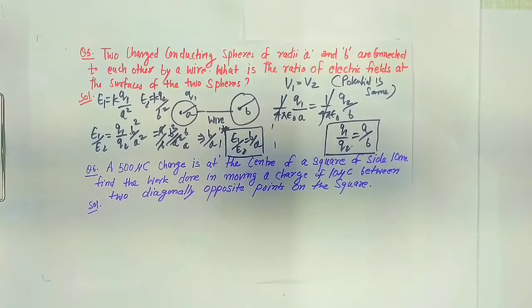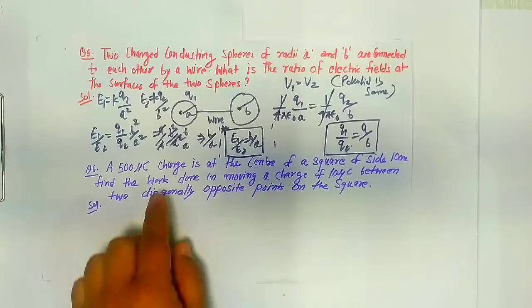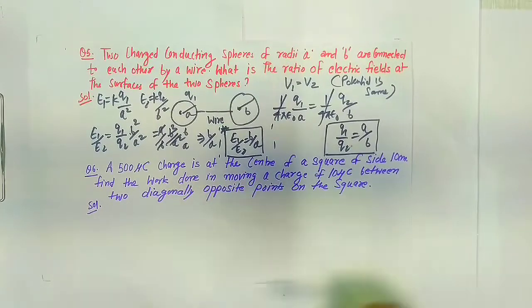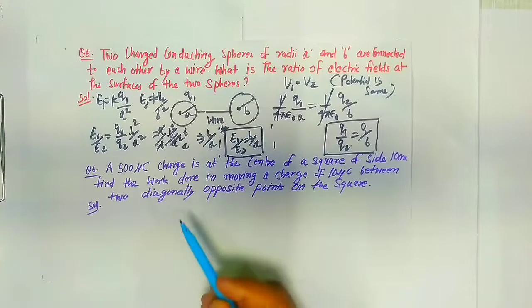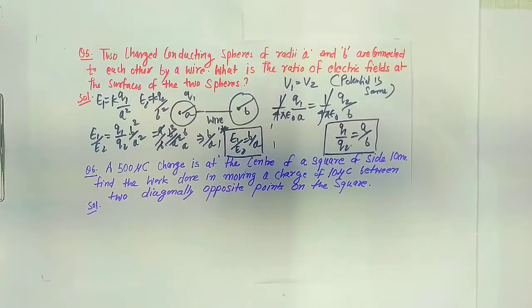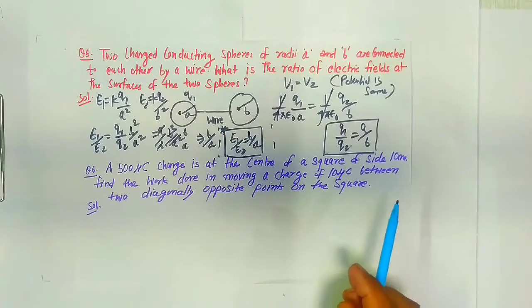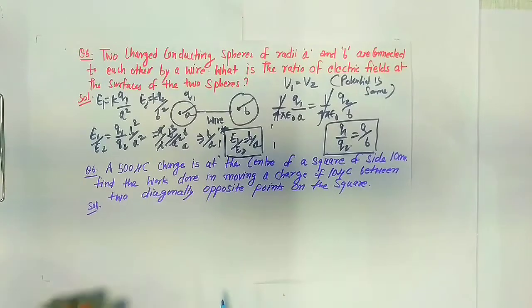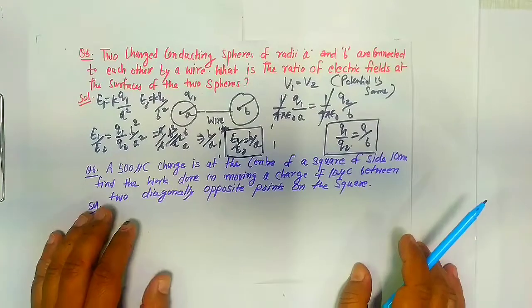Okay, the next question. Now, next question is: a 500 microcoulomb charge is at the center of a square of side 10 centimeter, and find the work done in moving a charge of 10 microcoulomb between two diagonally opposite points on the square.